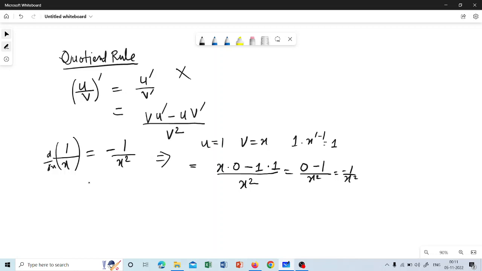Now I am going to begin with an example of the quotient rule. Let f of x be tan x, so sin x by cos x.